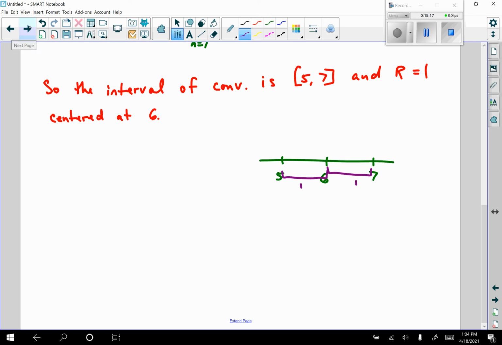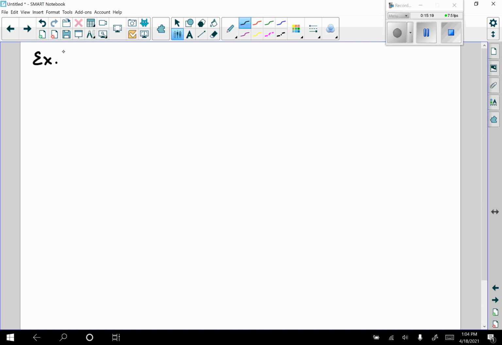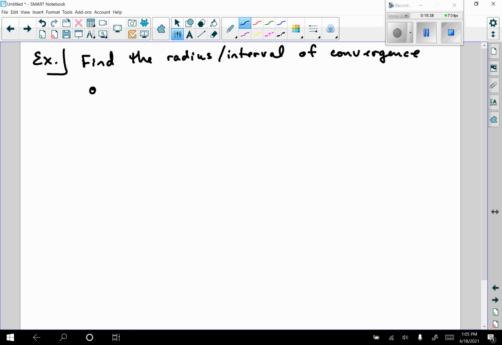Let's take a look at another example. Same directions here. Let's find the radius and interval of convergence of this series. Summation as n goes from 1 to infinity of x to the nth power over n factorial.